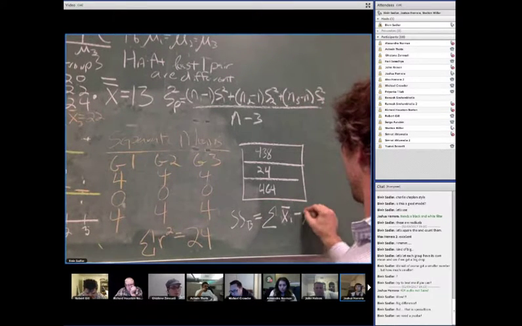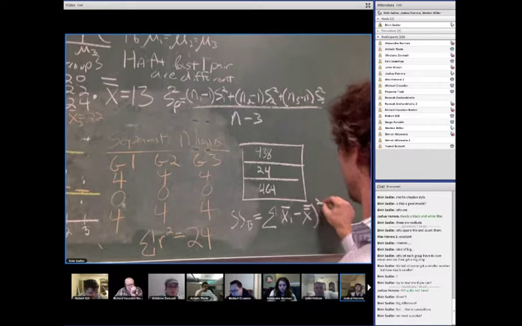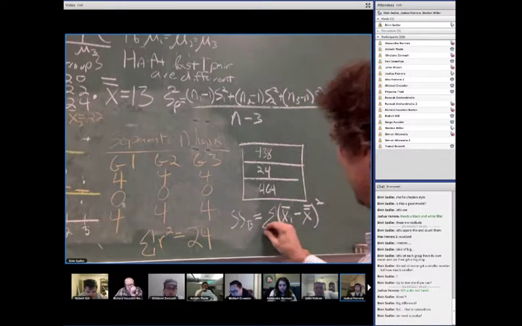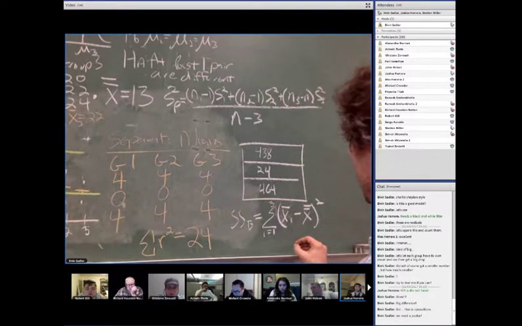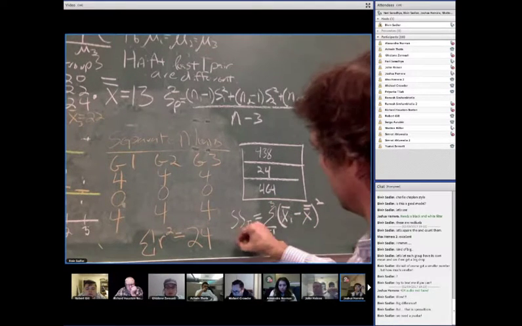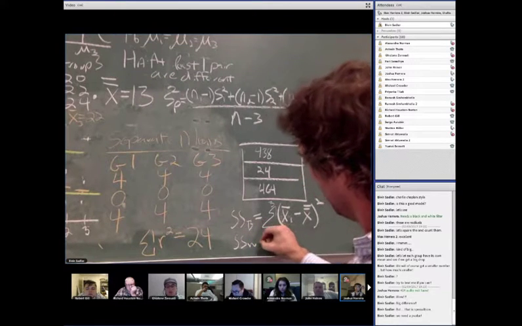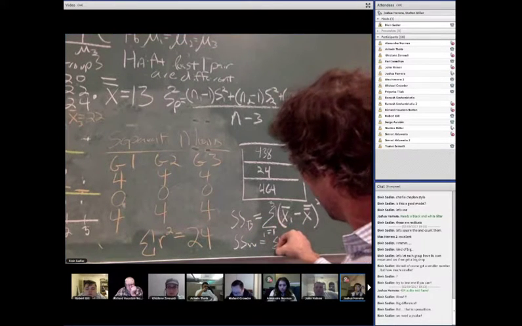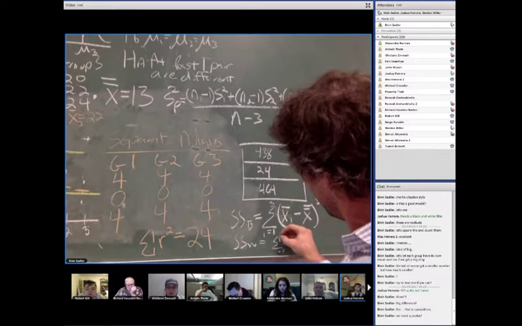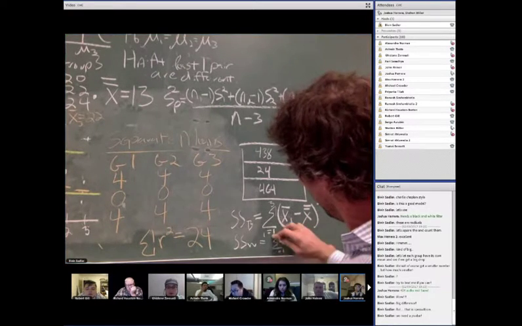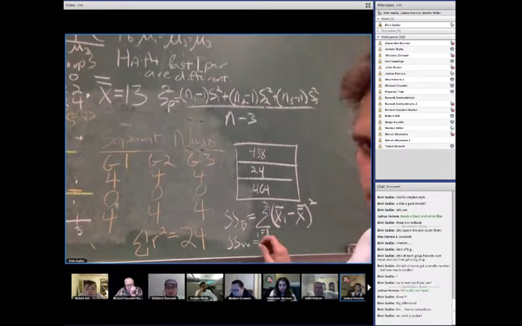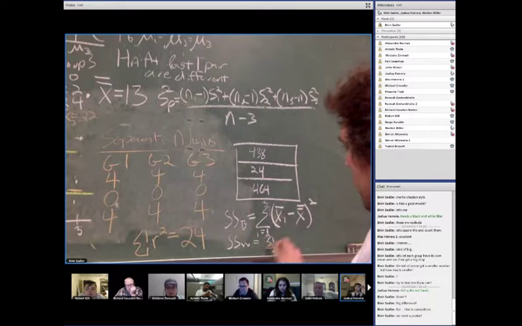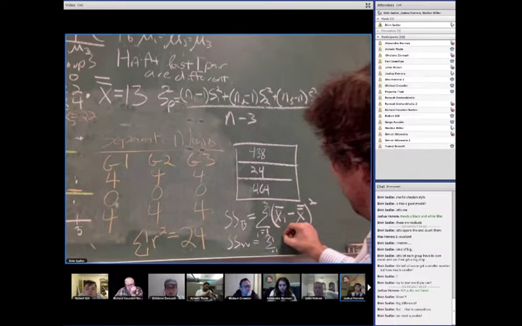And the sum of squares within is equal to the sum from i equals 1 to 3, and then the sum from j equals 1 to 3 of x i j minus x i bar squared.